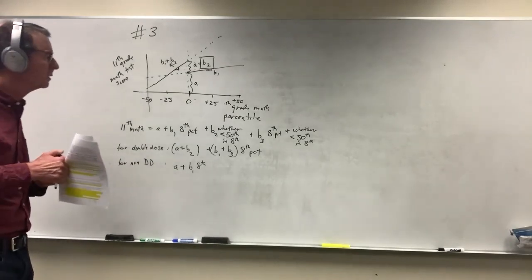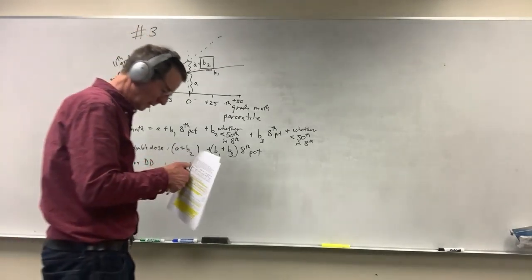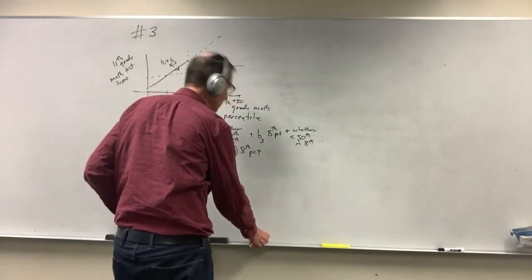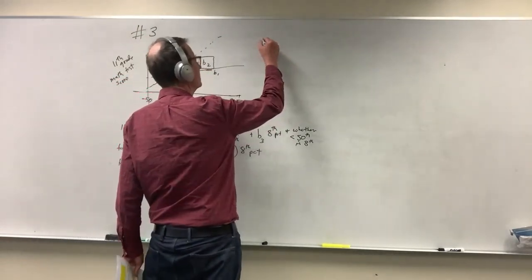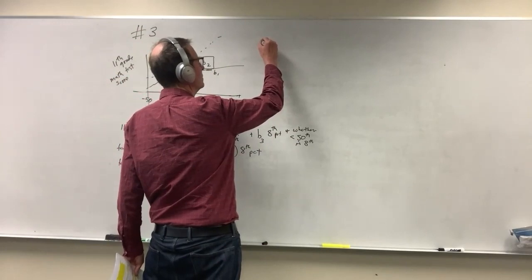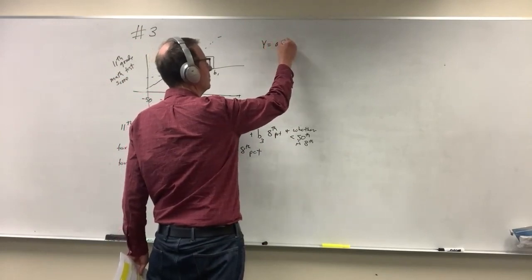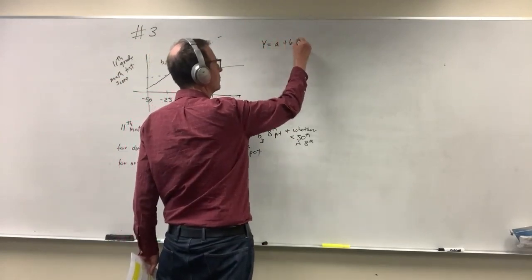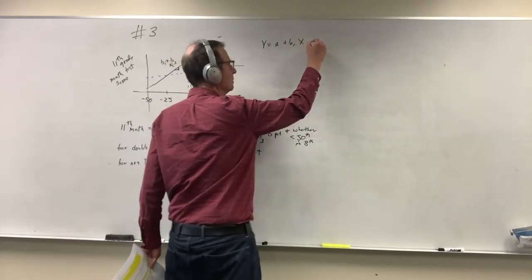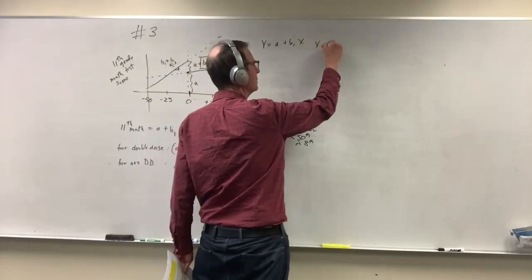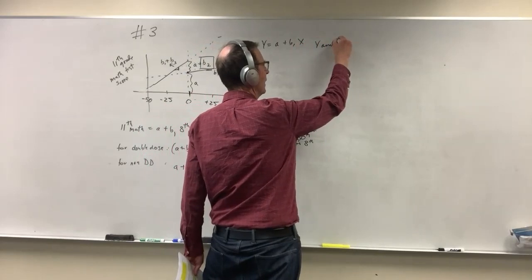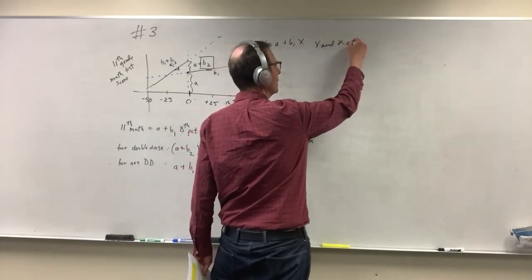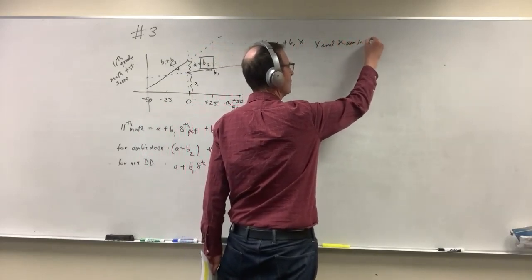The second question had 2 parts, and it just said, suppose you've got y equals a plus b1x, and y and x are in raw score units.